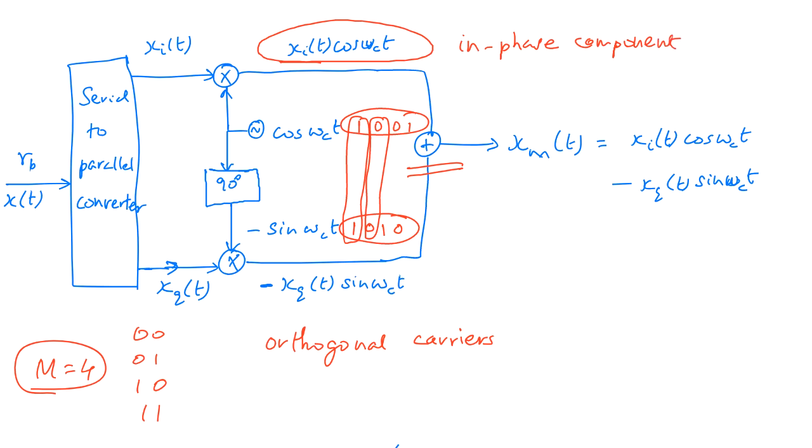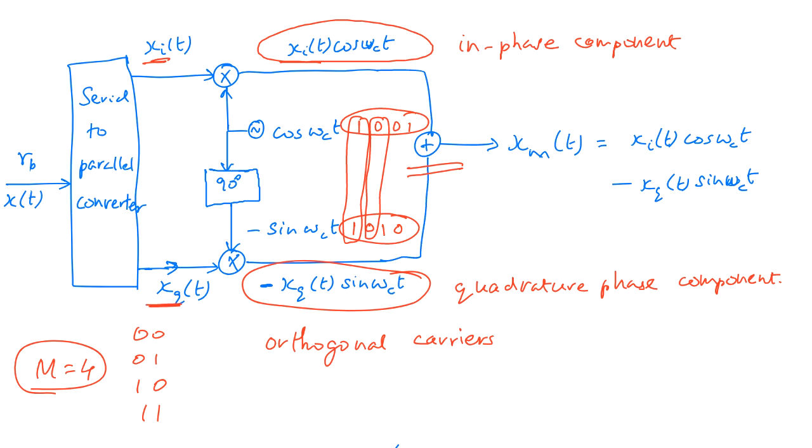And the lower part, which is the minus xq sine omega_c t, is called the quadrature phase component. Okay, so that's why we get the terms xi and xq. I stands for in phase and Q stands for quadrature phase. Quadrature phase means orthogonal or 90 degrees shifted in phase.